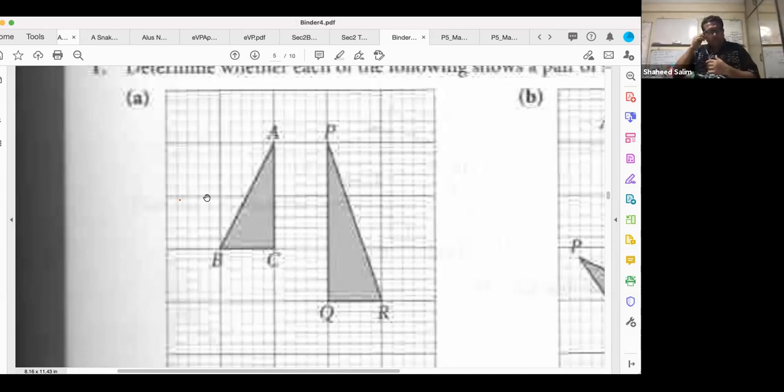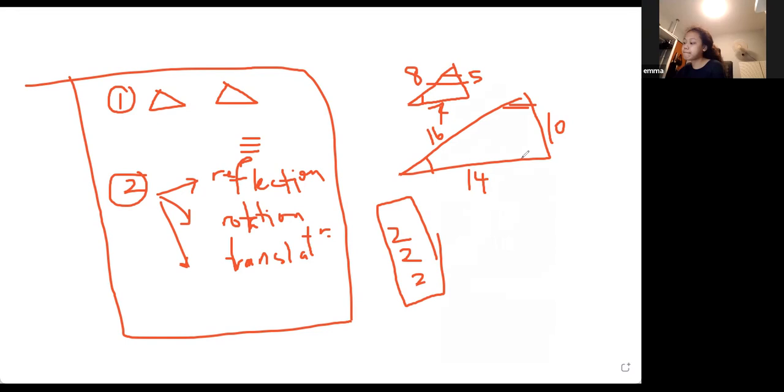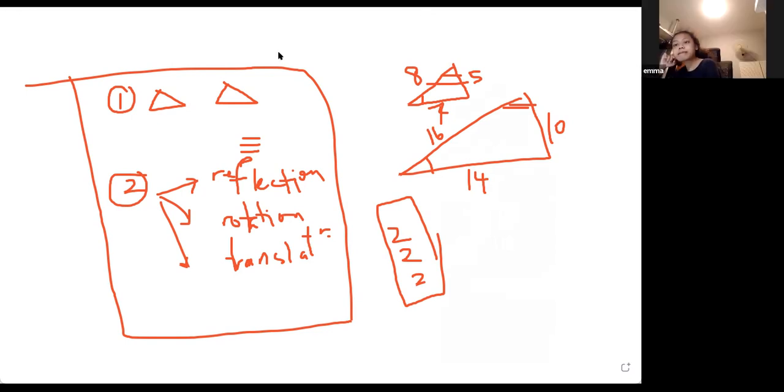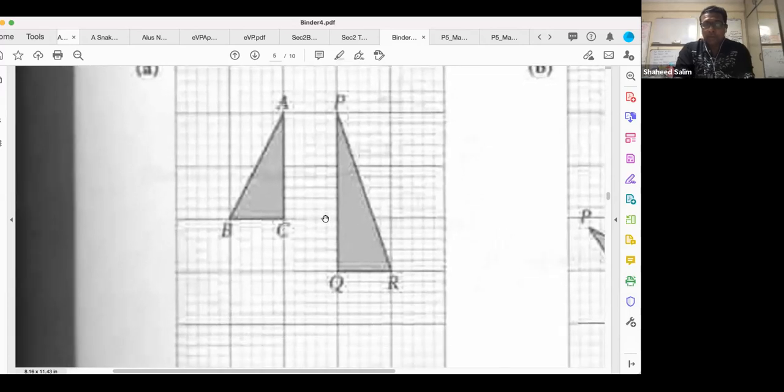Okay, remember, for congruency, the three angles got to be the same. Once the three angles are the same, they are confirmed similar or congruent, because for congruent also all angles are the same, right? So we don't need to measure using a ruler for this one, but we can determine the angle.